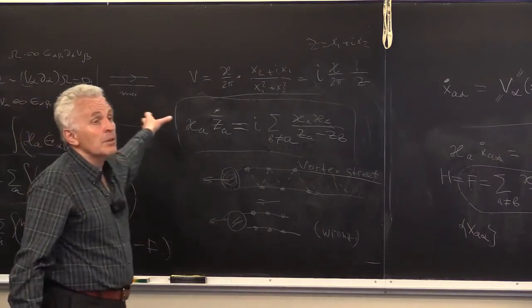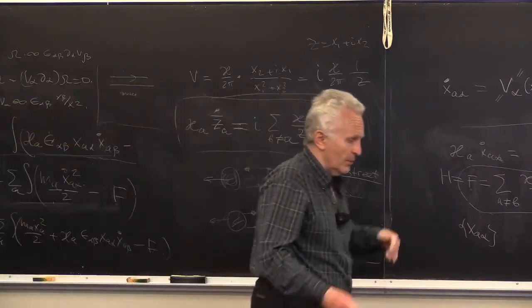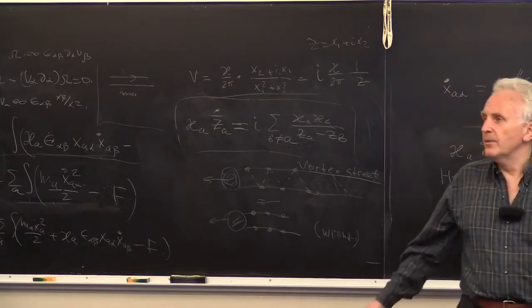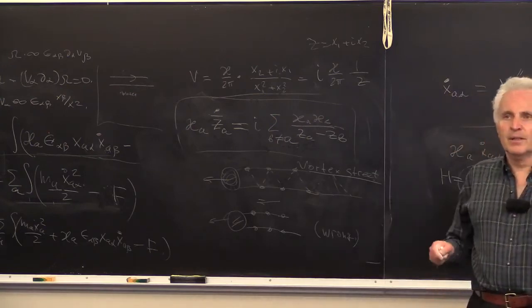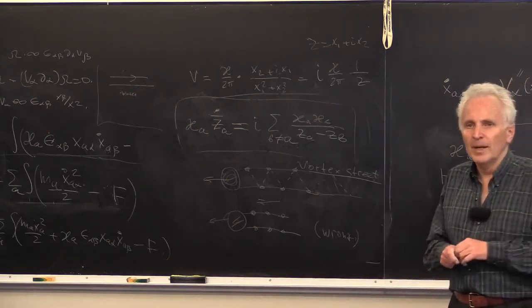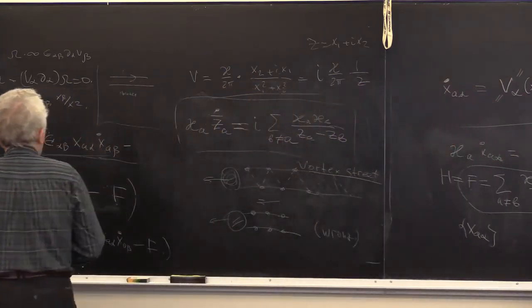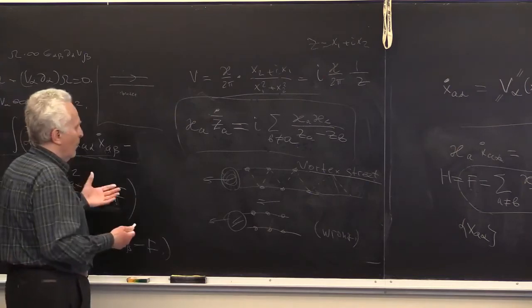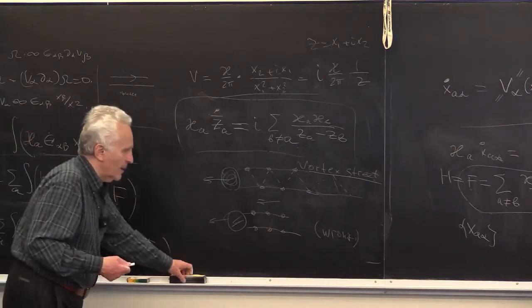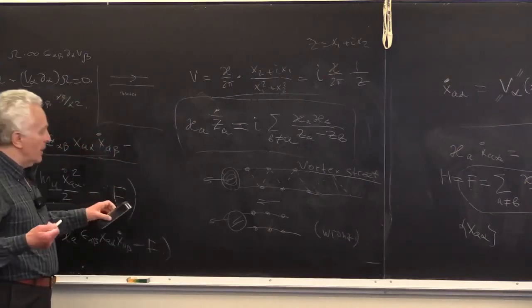And this is a solution of the Euler equation with these two different velocities. However, this solution does not survive. Why? What happens? Unstable? Yeah, exactly.